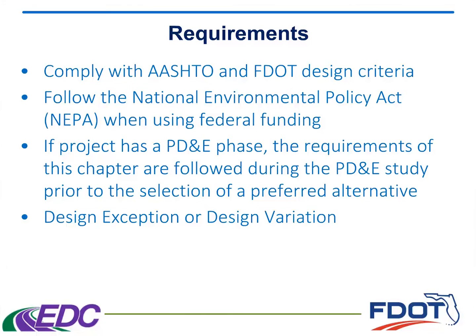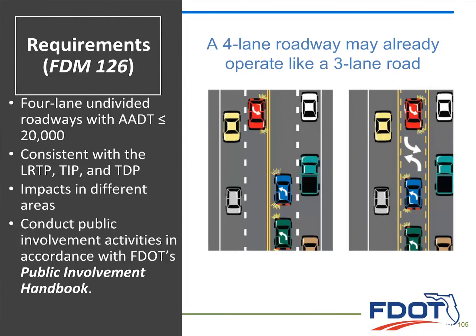And if the alternative or the typical section that you're proposing for a lane elimination project does not comply with AASHTO or FDOT criteria, you need to be aware that a design exception or variation will be required.